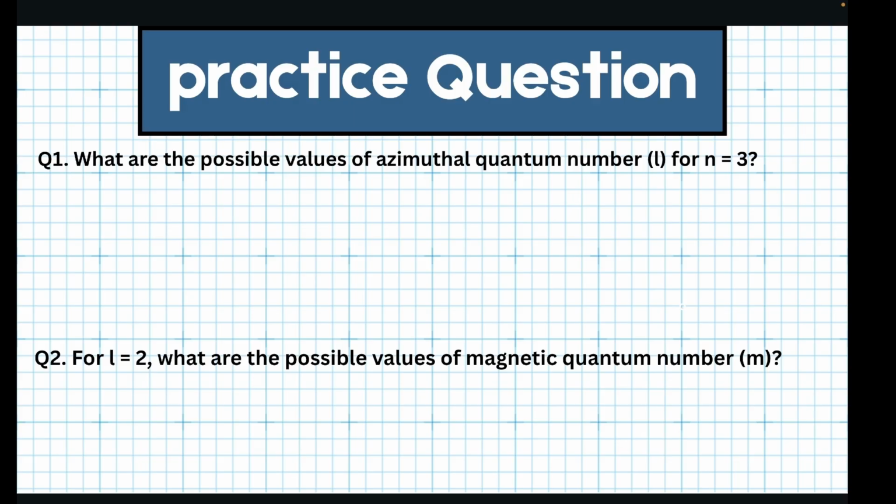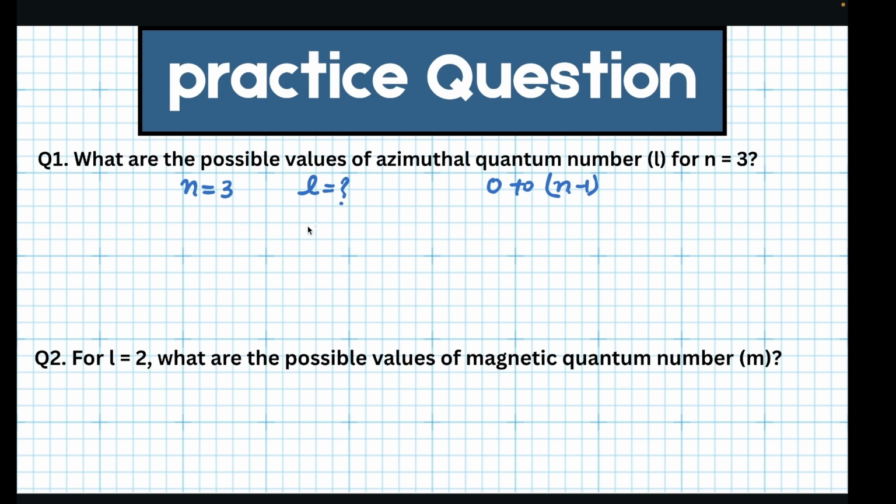to check the answers. So the first question is, what are the possible values of azimuthal quantum number L for n is equal to 3? As we know, for the given value of n, values of L can range from 0 to n minus 1.